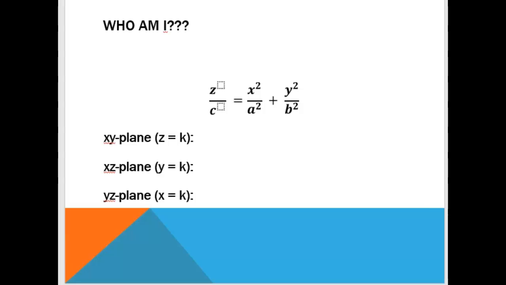What if one of my variables isn't squared? So here my z is not squared. If I keep z constant, I have x squared plus y squared equals a constant, so I get ellipses parallel to the xy plane.